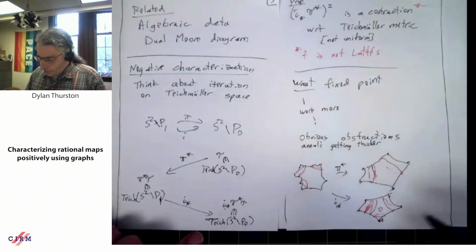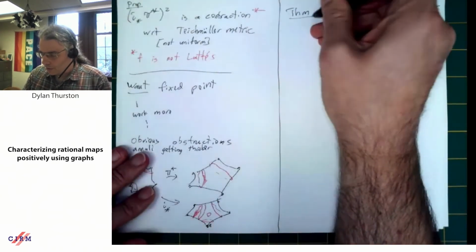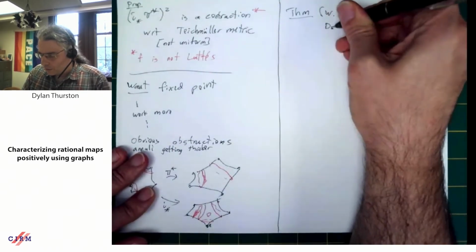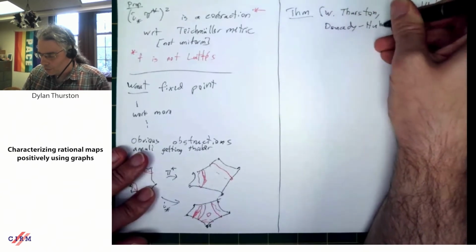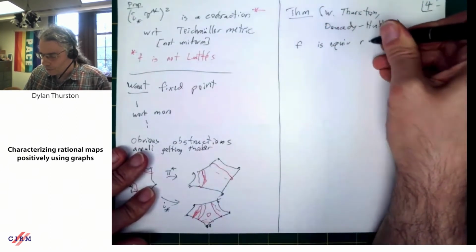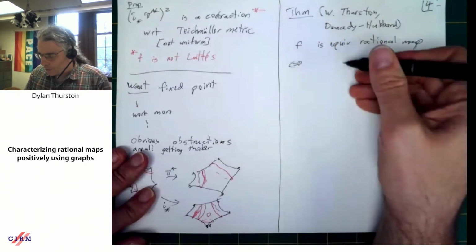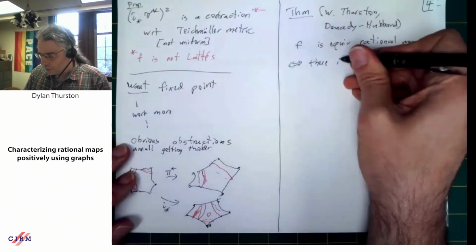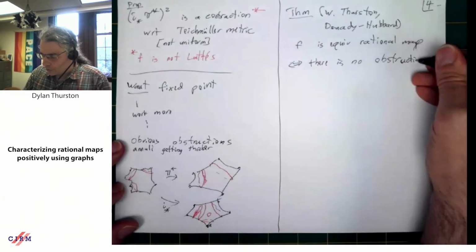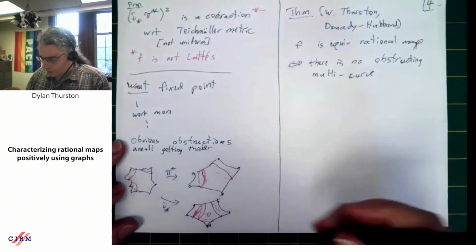And the theorem is that that's enough, written up nicely by Douady and Hubbard, is that given a branched self-cover F, it's equivalent to a rational map if and only if there is no obstructing multi-curve, which means a curve that's getting thicker and thicker in this sense, which you can turn into a very concrete condition about eigenvalues of some positive matrix, but really it's about annuli getting thicker.